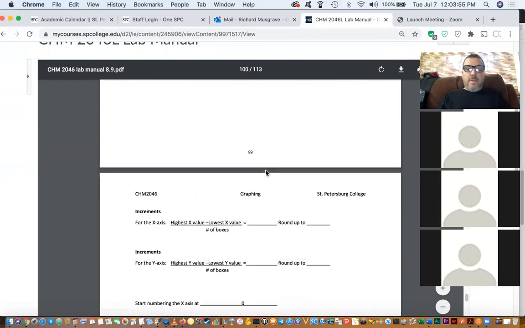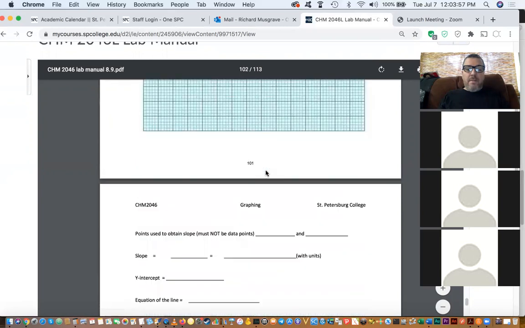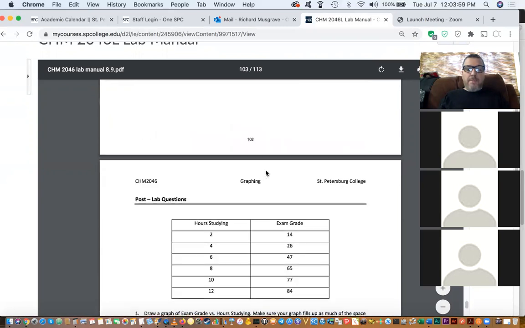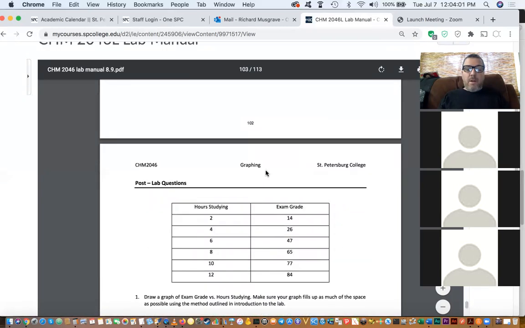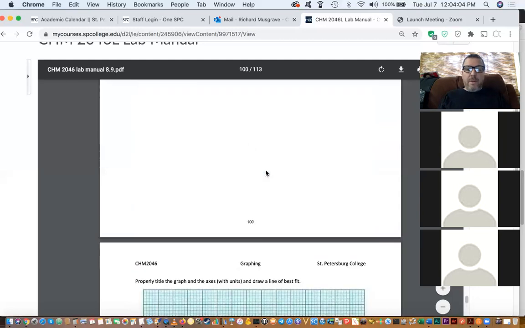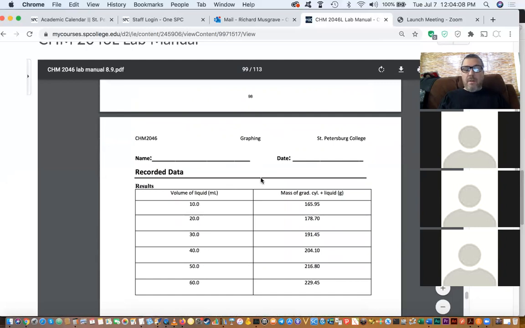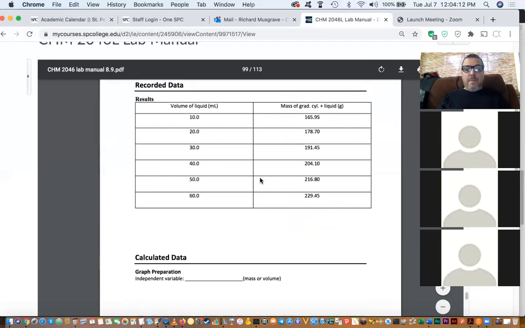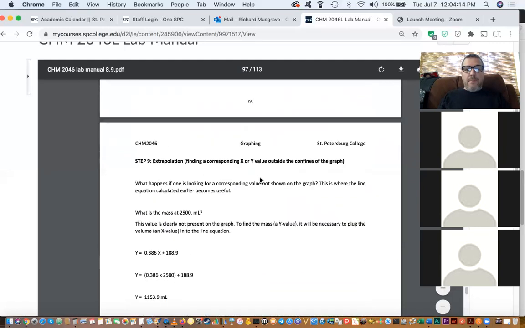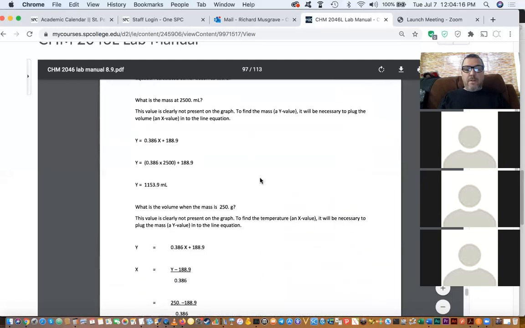Now there's some data here, which I wanted to point out. That's for one of the graphs, the post-lab questions, and then there's this one here, that's for the first set of questions. Everything is based on this kind of graph paper.